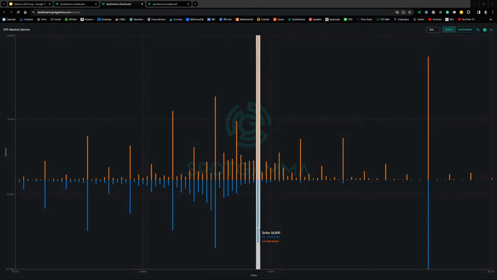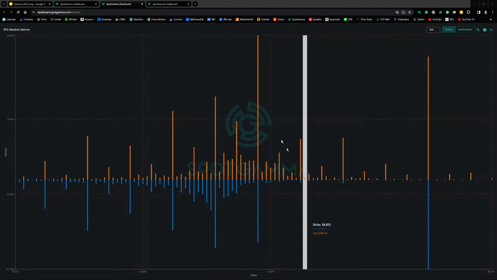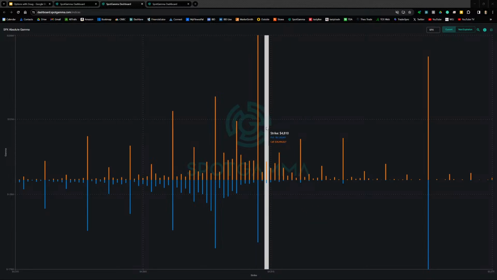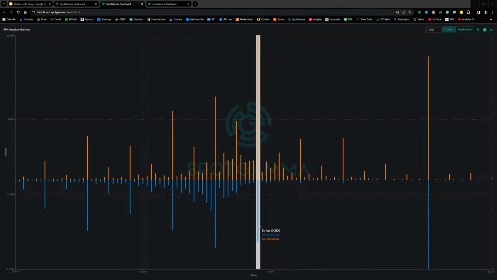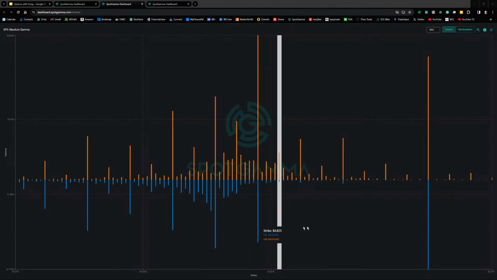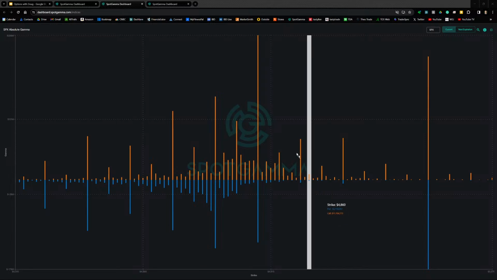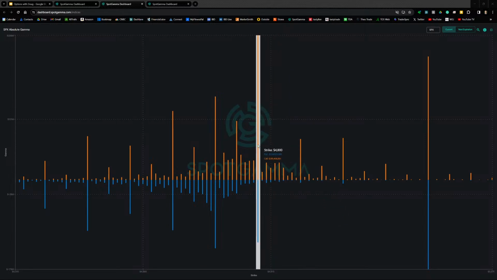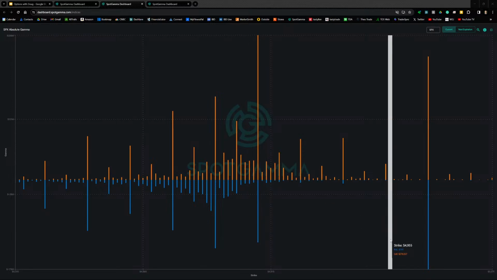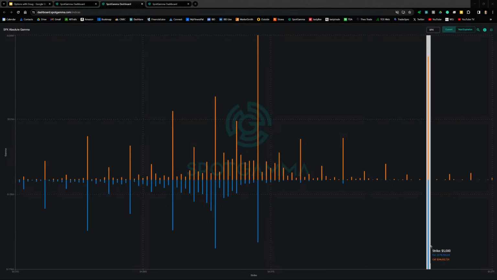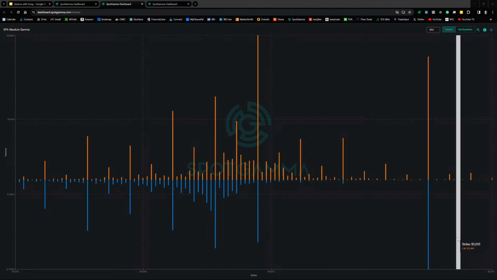That's the call wall, the strike with the largest net positive gamma. So call gamma shown with orange minus put gamma shown with the blue bar gives you the greatest amount of net positive gamma. Right, so that's the call wall. Here's the 5,000 level. That's the strike with the largest absolute negative and positive gamma.